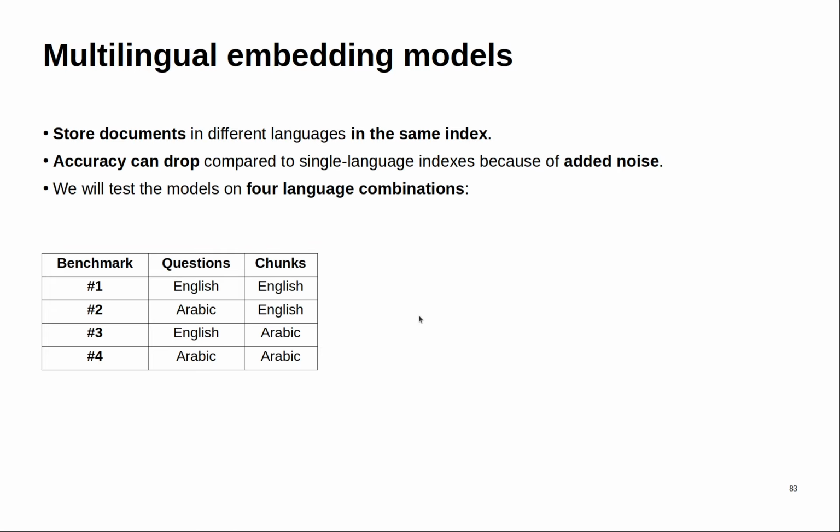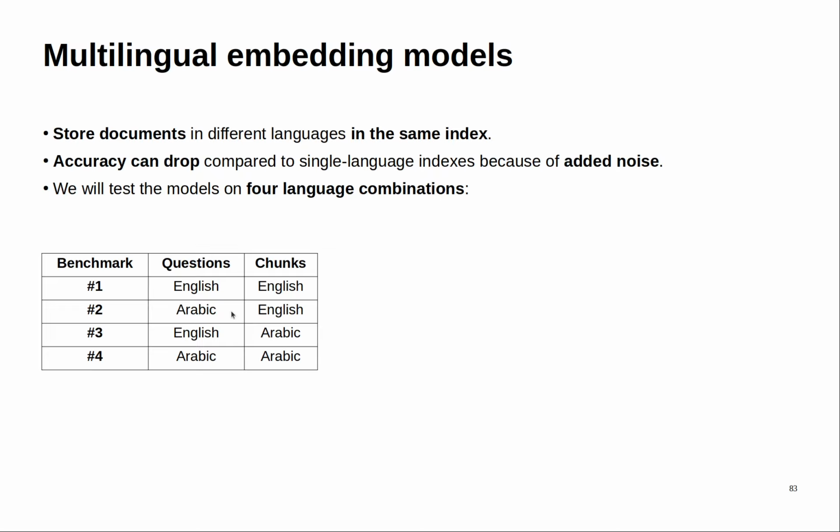But if you don't like the idea of merging documents in different languages in one vector store, we can try something else. We will perform 4 tests with these combinations. In the first one, we will ask questions in English, and the index will have text chunks in English.